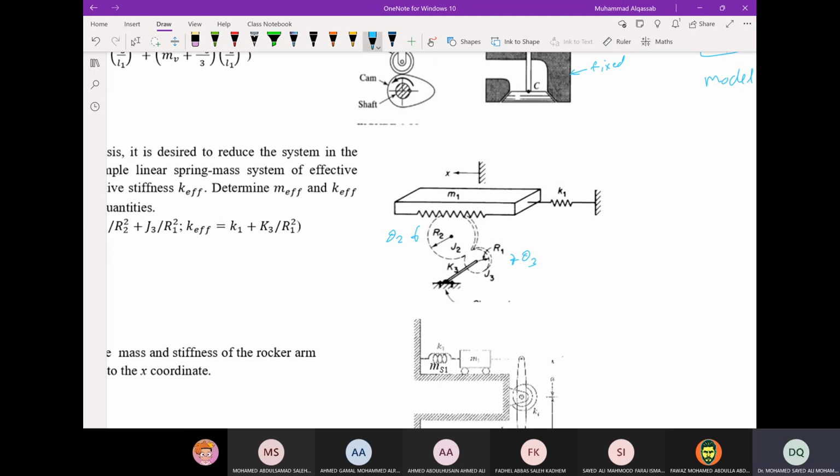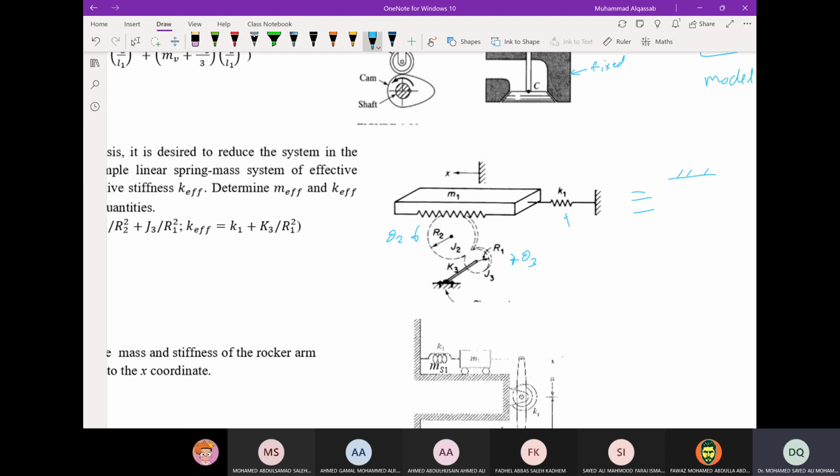There is no theta 1. X, theta 2, theta 3. Theta 2 and theta 3 are related, and also x and theta 2 are related. The question is to find M effective in terms of x and K effective in terms of x. It means to find an equivalent system.